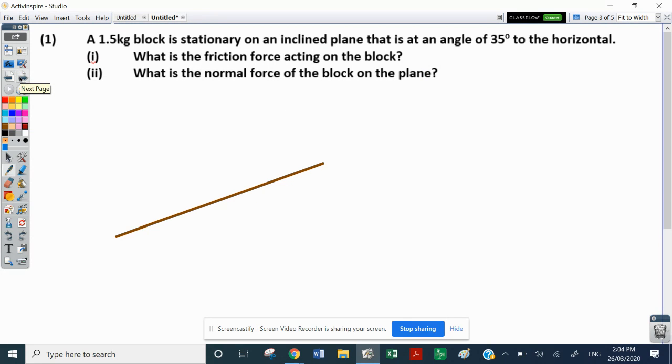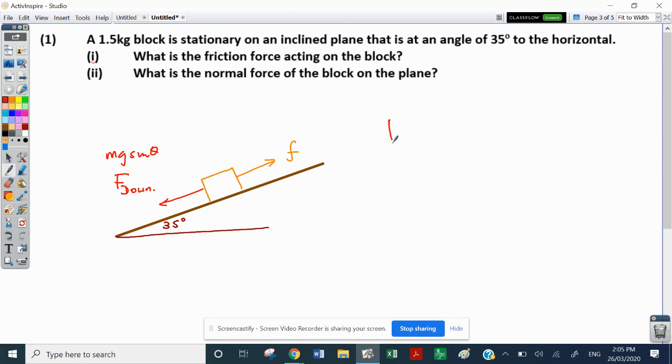So a 1.5 kilogram block is stationary on an inclined plane, at an angle of 35 degrees to the horizontal. What's the frictional force acting on the block? So here's our block. There's a frictional force acting up. It's not moving, so we know that it must be balancing a force which is going down, and that force down is mg sine theta.